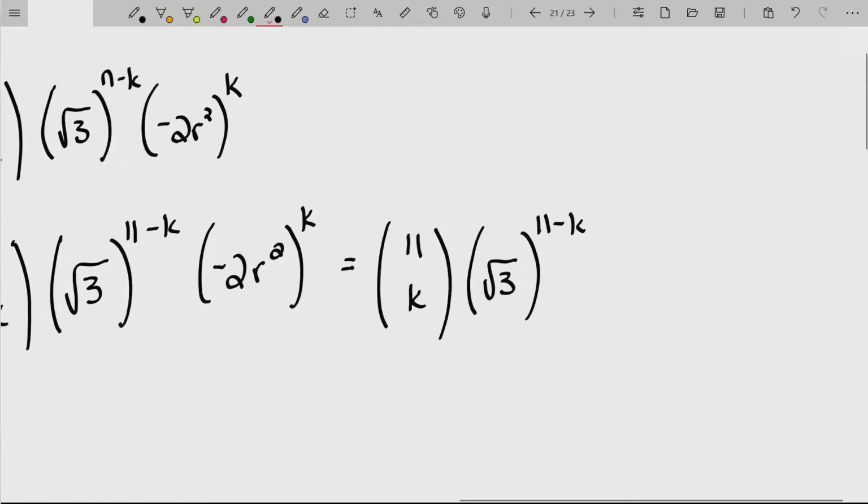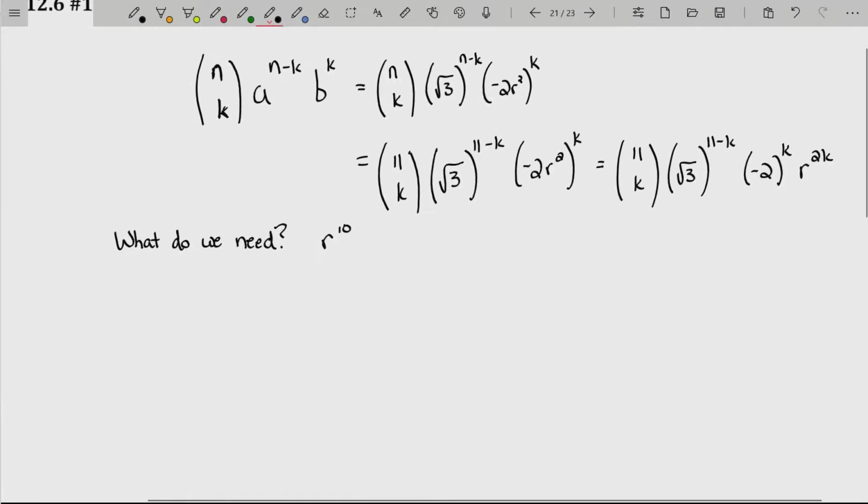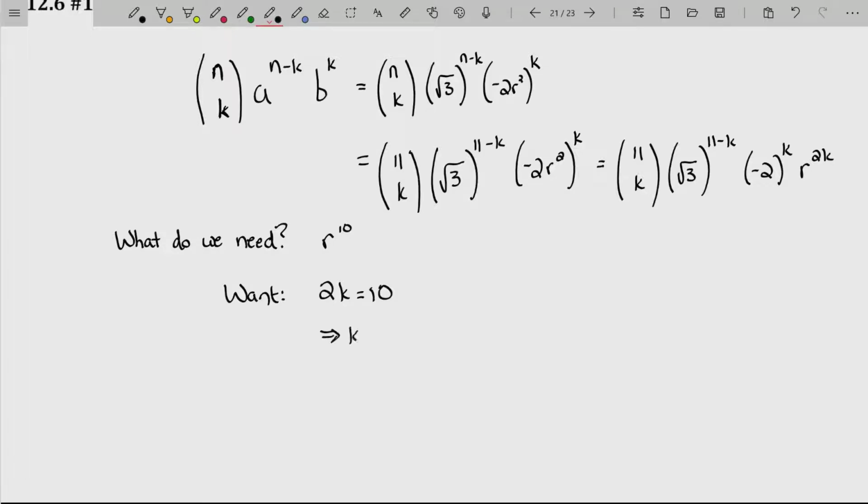But I could write this as negative 2 to the kth power and r to the second to the kth power, or in other words, r to the 2k power. So I want 2k to equal 10. I want that power on r to be 10, so 2k has to equal 10, or in other words, k has to be 5.